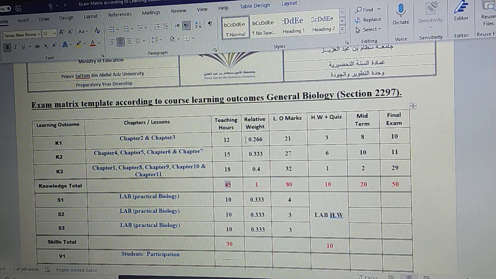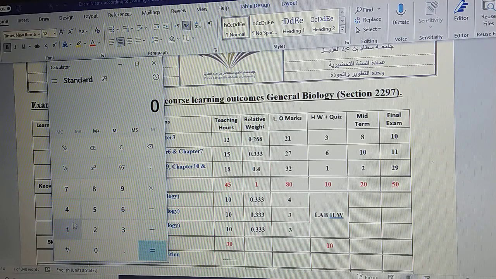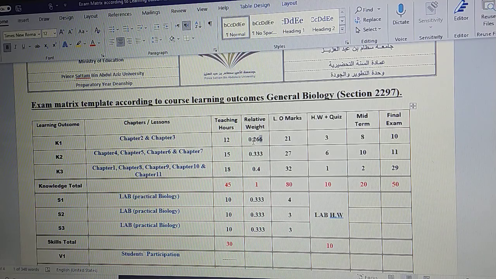I will get 0.266. By this equation, I will get the relative weight of K1. By the same method, 15 divided by 45, I will get 0.333, which is the relative weight of K2, also 0.4 relative weight for K3.